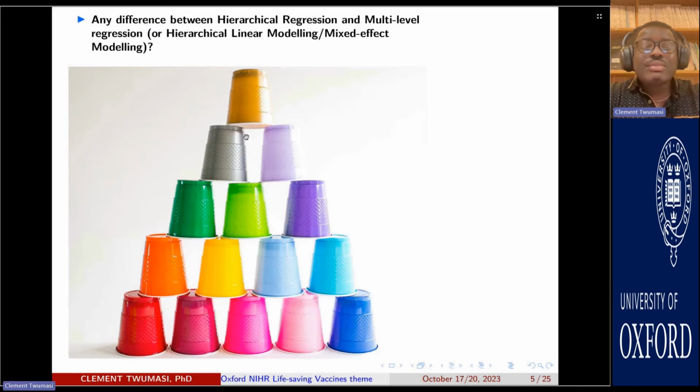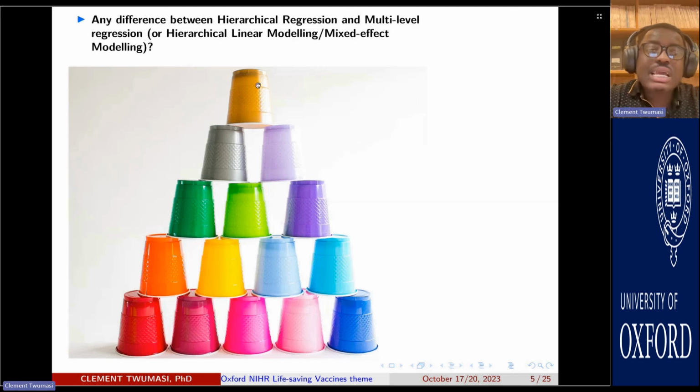Now, one take-home message is that most people call multi-level regression, which is also known as mixed effect models. If you watched the previous video, we said mixed effect models are often used for data that are longitudinal in nature, or data that have some hierarchical structure.